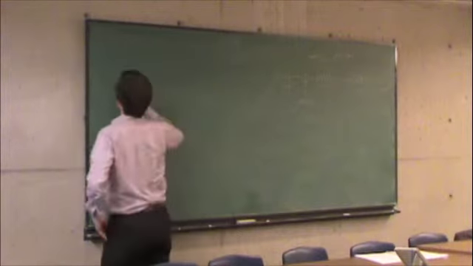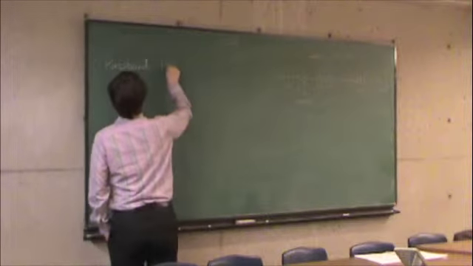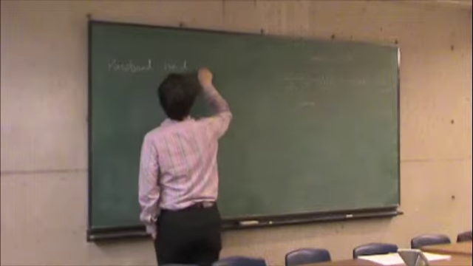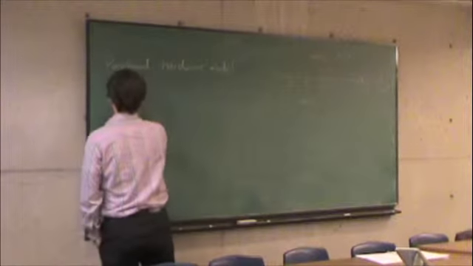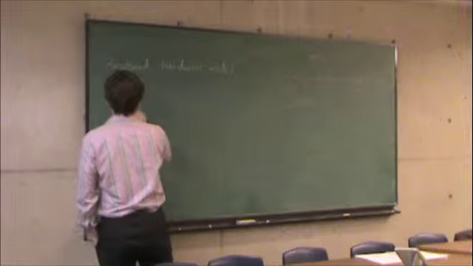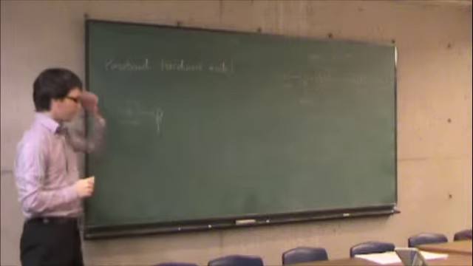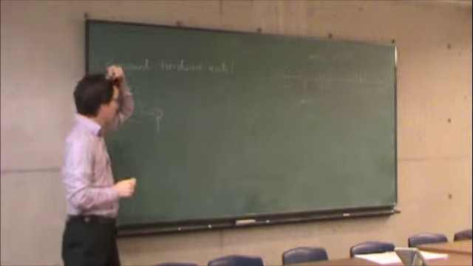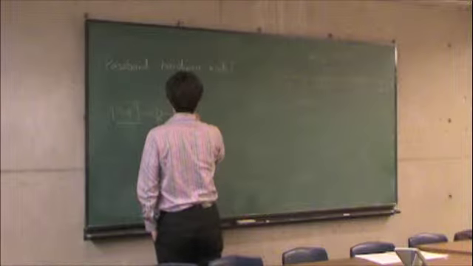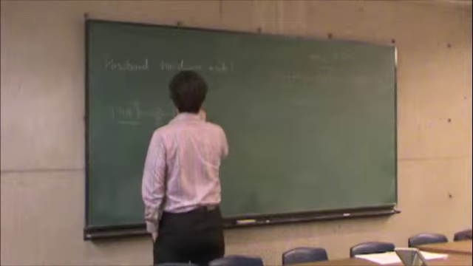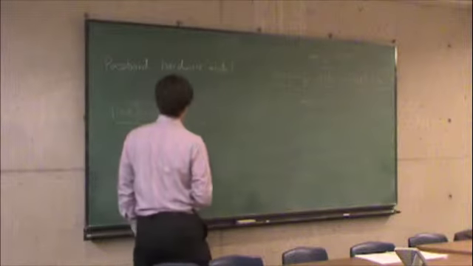So the passband hardware model. Again, we have physical layer access and noise. That shouldn't change. And A to D. But then what I'm going to do is I'm going to do something called down conversion.